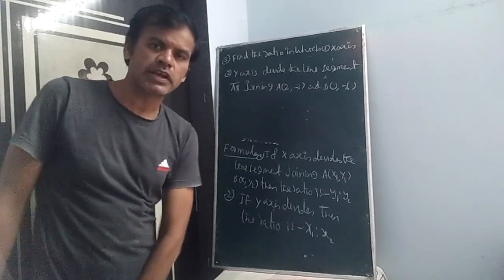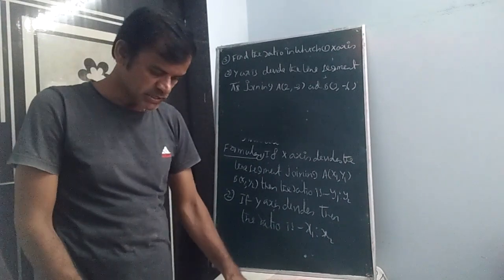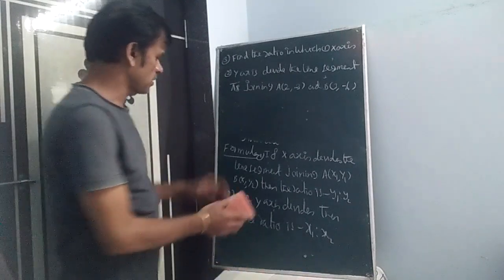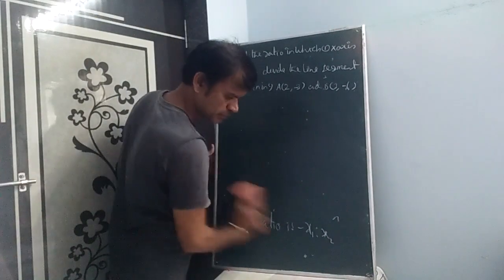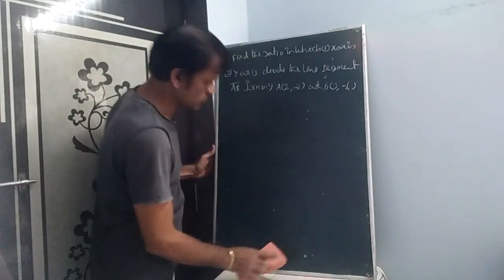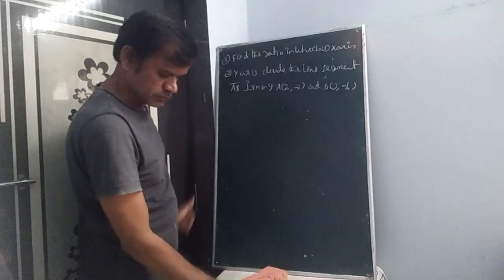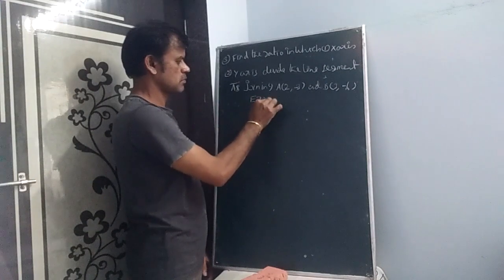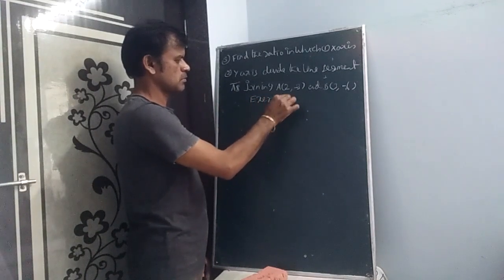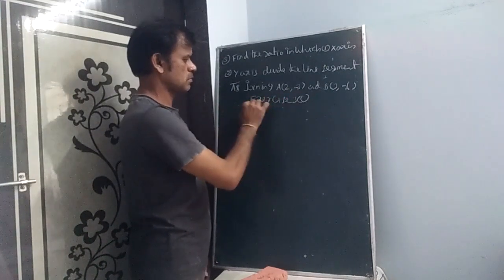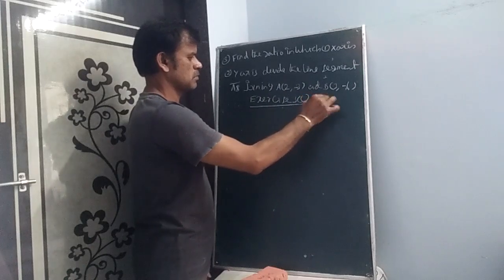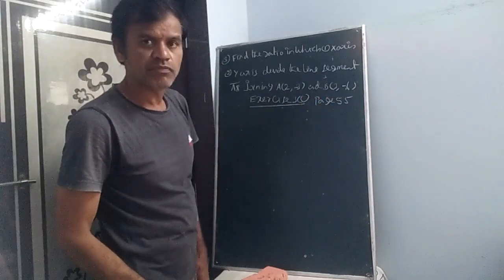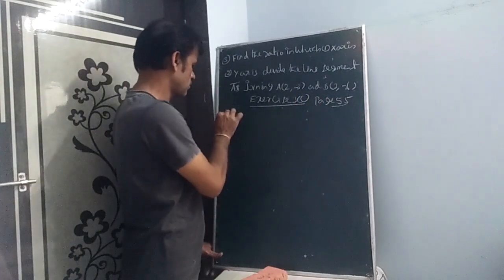Now in a similar way, let us discuss Exercise 3C, page number 55, Roman number 1.